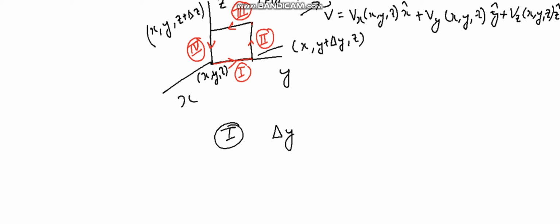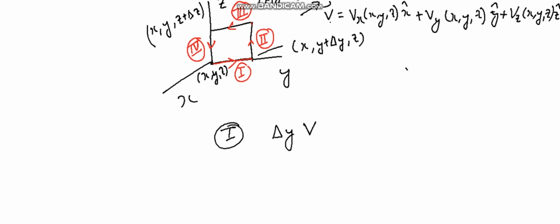The vector field at this point is V, and we are taking the dot product of this vector field with the infinitesimal vector along the y direction.